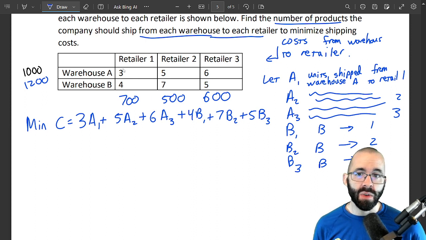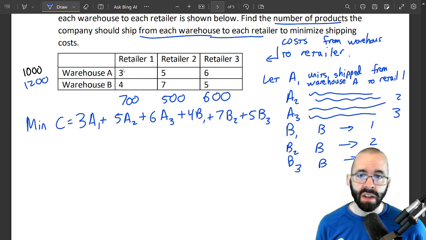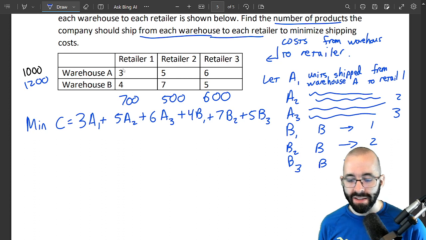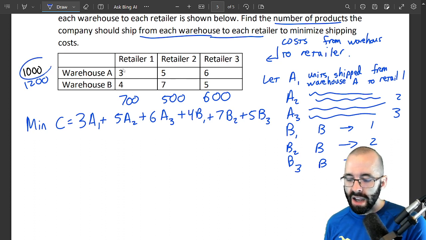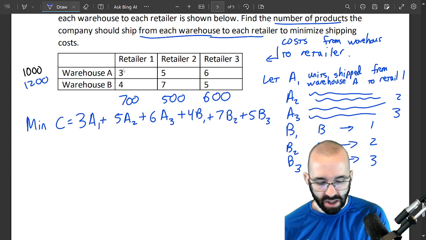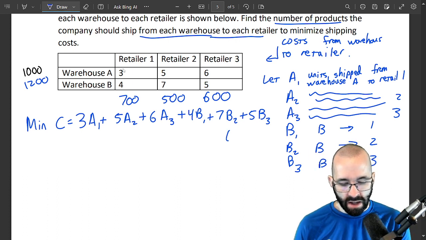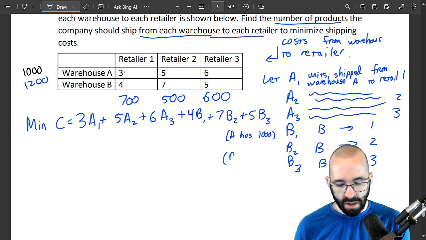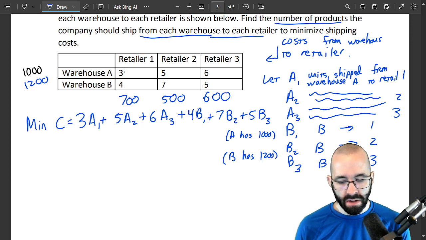All right, what are the requirements here? Well, we have the requirements written by the table. Warehouse A only has 1,000. Okay, so let's write those down, right? A has 1,000. That's going to be a requirement. B has 1,200. That's going to be a requirement. Retailer 1 needs 700.